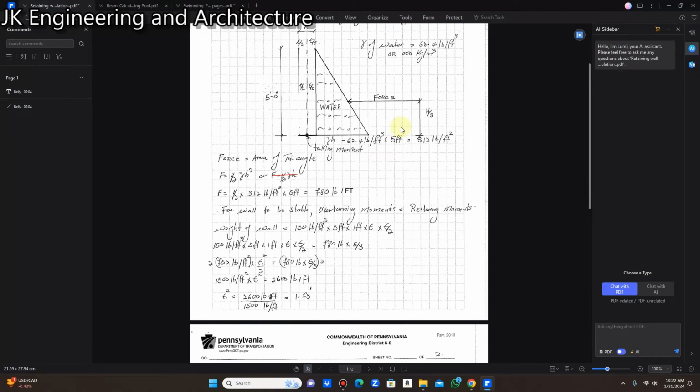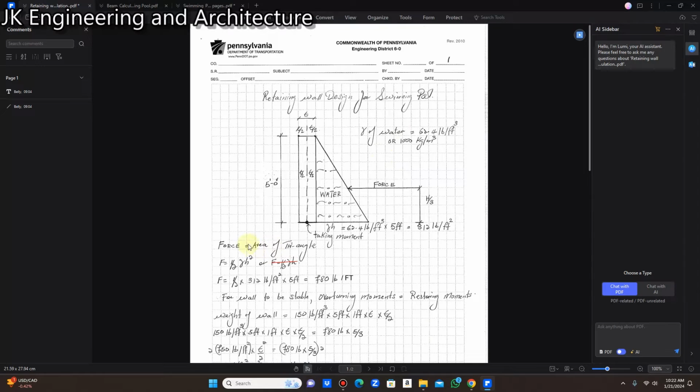Now, to calculate the force, it is going to be the area of this triangle. So we can use the force, which is half gamma H squared, or we can say half times the base of the triangle, which is 312 pounds per square foot, times the height, which is 5 feet, and that works out to be 780 pounds per foot.